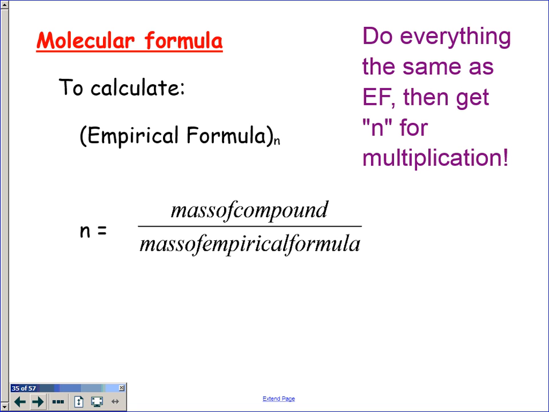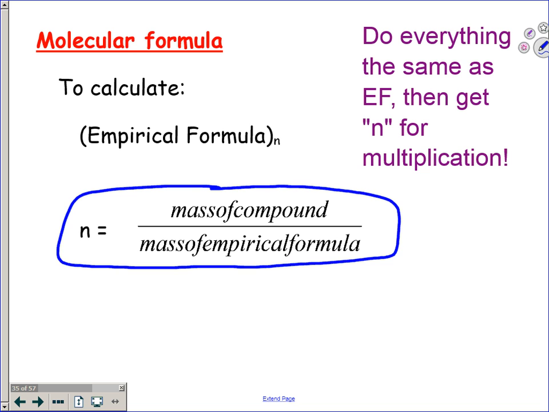Remember, the molecular formula is a multiple of the empirical formula. So that's why we have to get a multiplier. So this is how you get the multiplier. This N is the multiplier. You guys okay? It's just asking for the multiple.